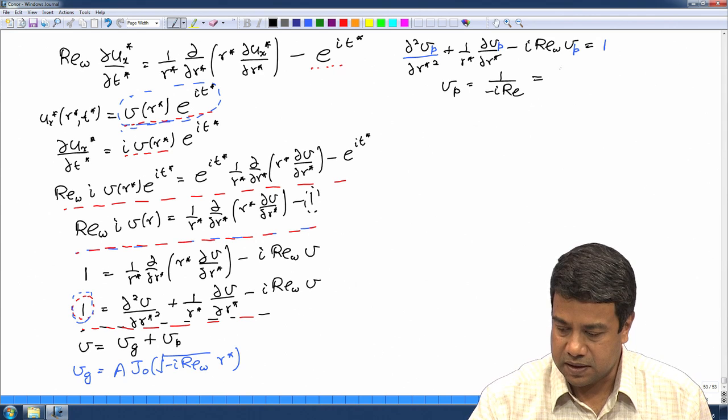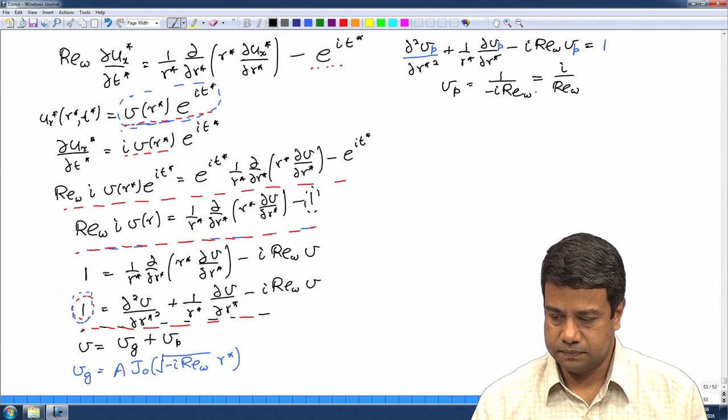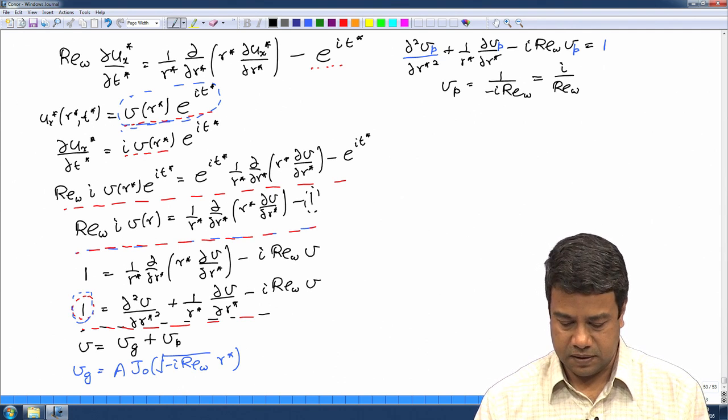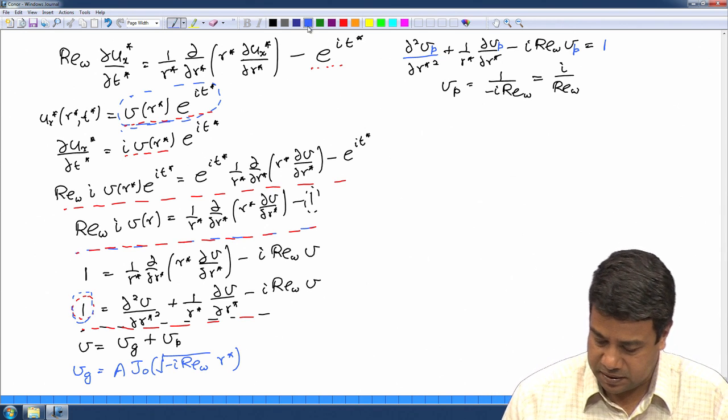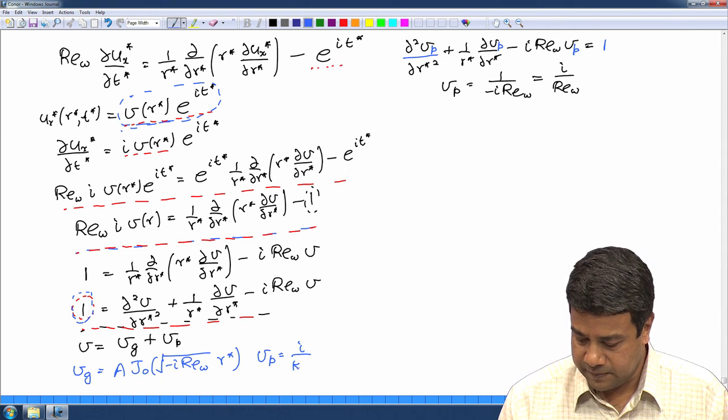So, I can also write this as i by Re omega. So, this is the particular solution. The particular solution V p is just equal to i by Re omega.